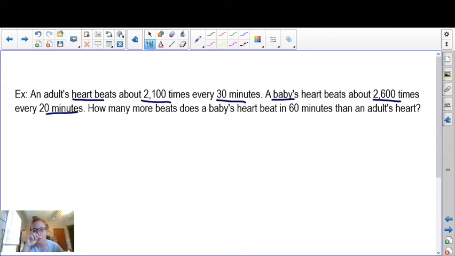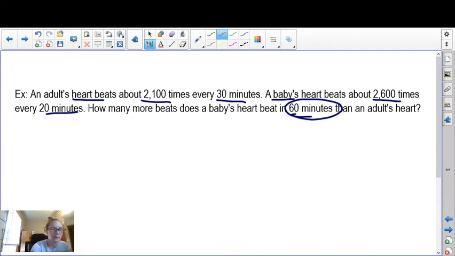The second thing is that it wants me to compare in 60 minutes. Well, I noticed that neither the adult or the baby's heartbeats are written in terms of 60 minutes. Neither one is actually written in a comparison of either. I have 30 minutes compared to 20 minutes. So what I need to do first is reduce down the beats per minute for the adult heart and the baby heart.